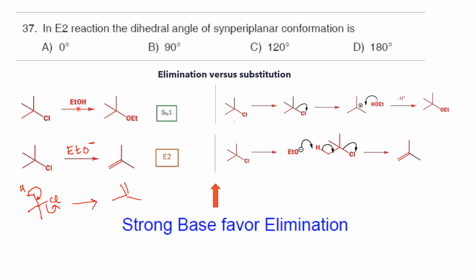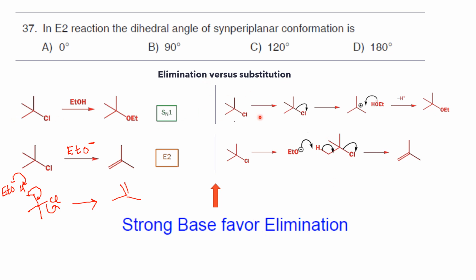Instead of ethanol, if you use EtO minus, it will have a tendency to abstract a proton from the adjacent carbon atom, which leads to further reaction to form an alkene. Whenever you have a strong base, elimination will be favored over substitution.